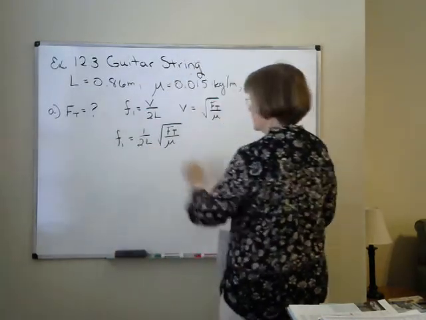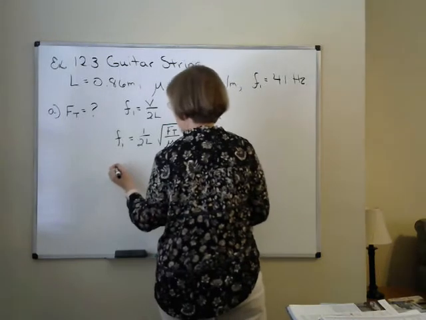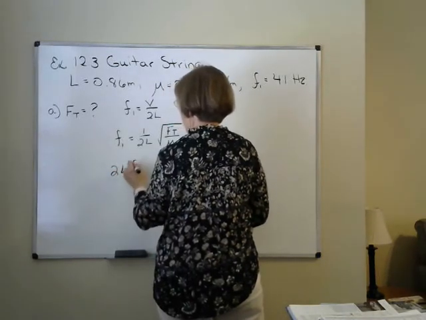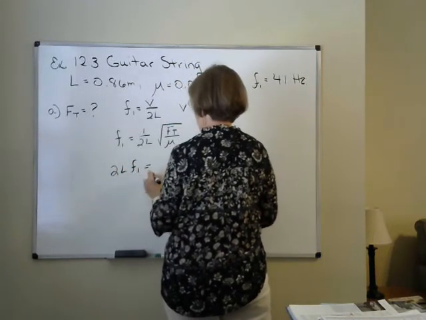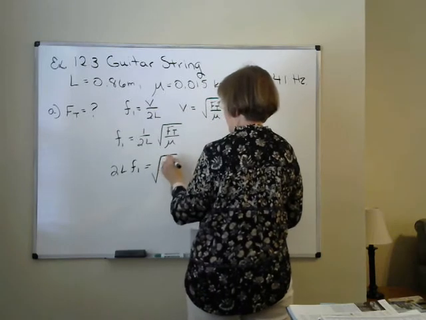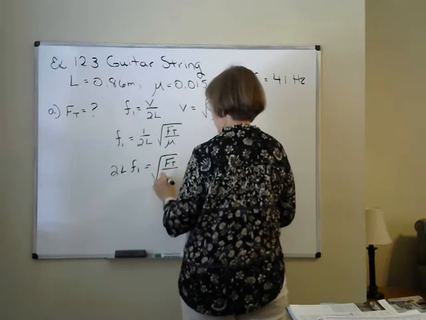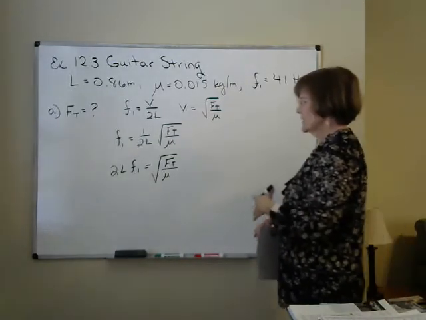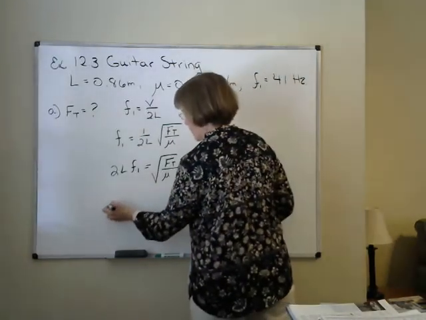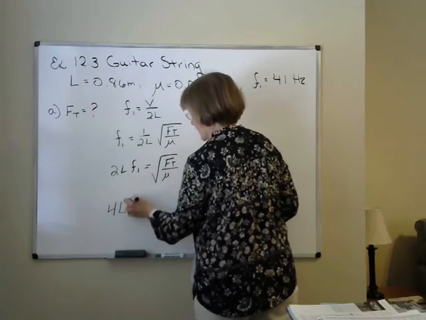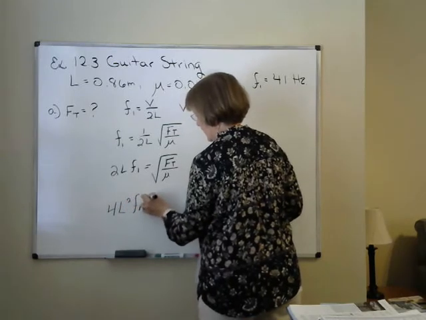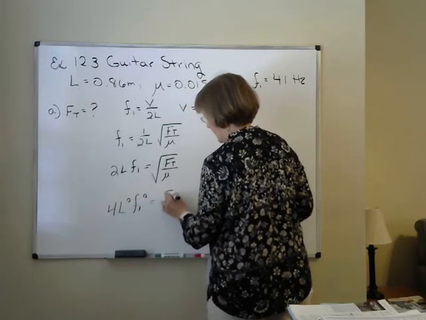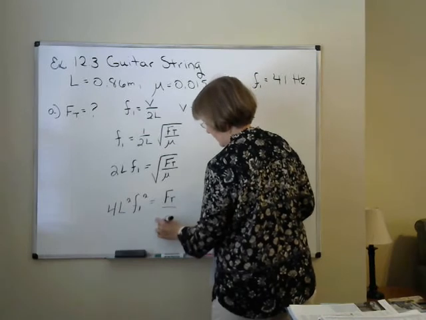Let's just get rid of the 2L. So I have 2L F1 equals this. I just multiplied both sides by 2L. If I square both sides now, I get 4L squared F1 squared equals F_T over mu.